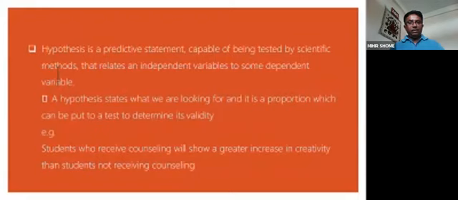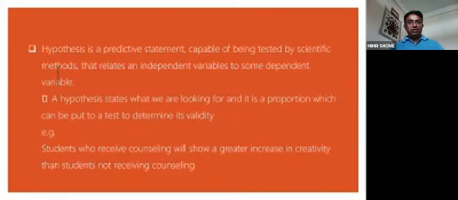Suppose, just for example, in a classroom there are boys and girls. If we want to test whether there is any significant difference between the boys and girls based on any test, it might be an intelligence test, IQ test, whatever.